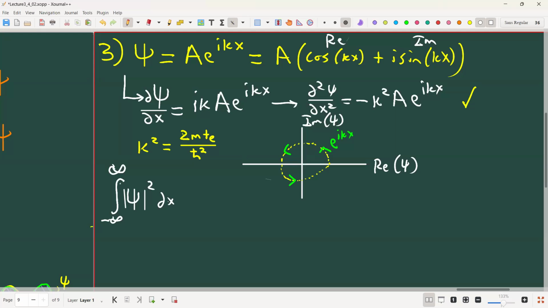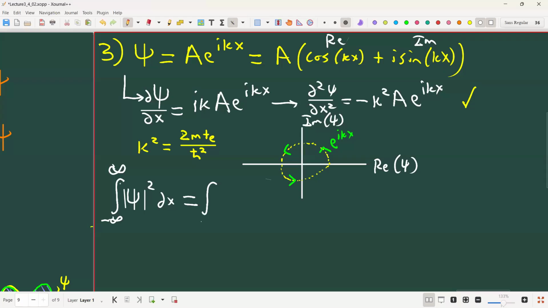Instead of an oscillation, a hump, and a wave on the x-axis in real space, in complex space we're just going in a circle, the same thing over and over again every 2 pi. So when we are integrating, all we're doing is calculating the area of this circle.